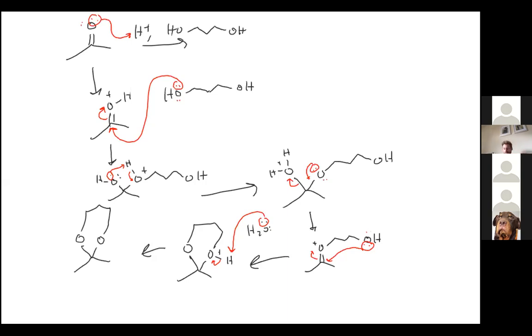The only real difference is that you could either have your starting alcohol do this last step, or you could have the water. Either of them would be fine. They have very similar pKa's, so it's not going to be that selective for one over the other.